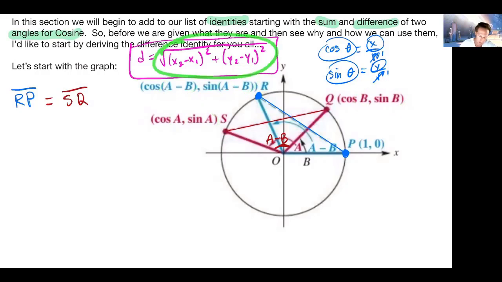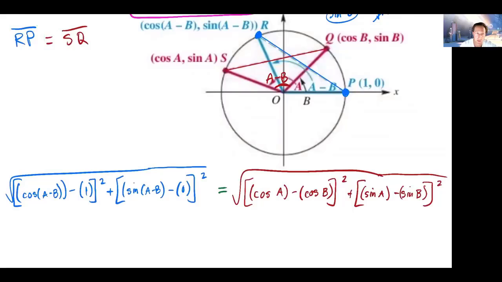So using this and plugging it into each of these individually would yield the distance between R and P, those 2 points, which were in blue there, would be my x2 minus x1, which was the cosine of A minus B minus the 1.